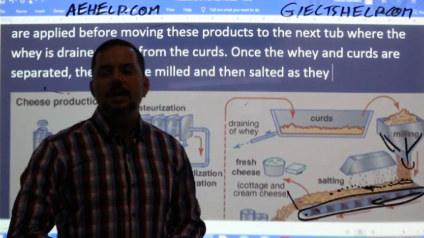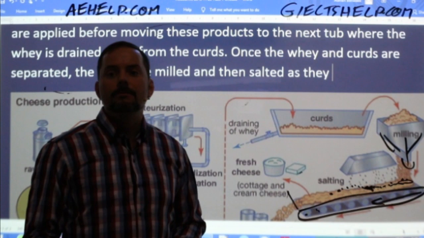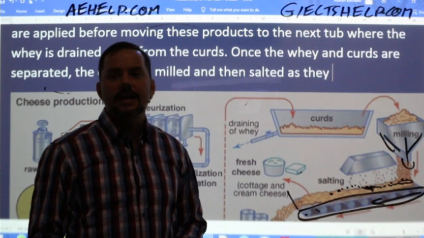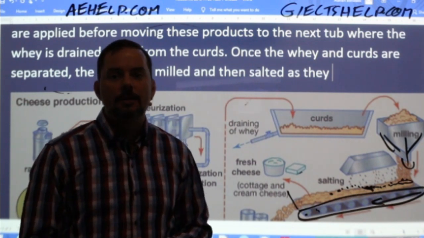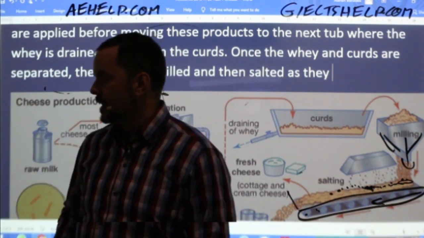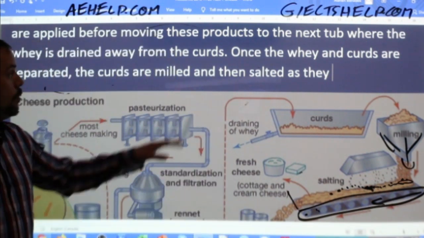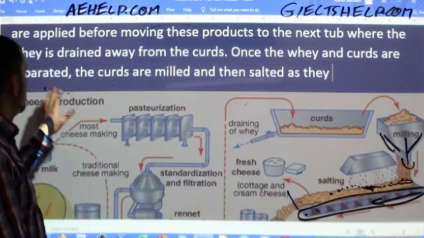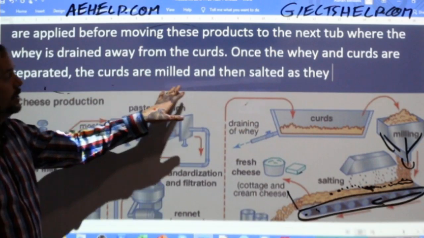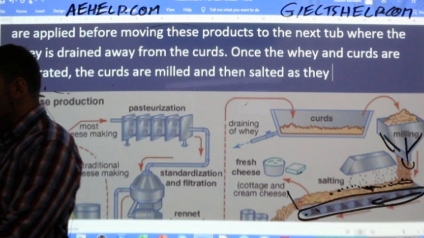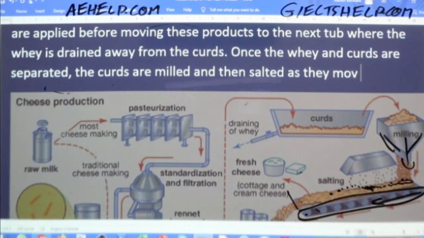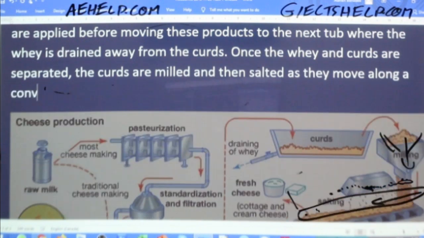They're not sliding over. They're moving along. Okay, very good. Yeah, so don't overcomplicate. Sugandhika says they're moving. Absolutely. So once the whey and curds are separated, the curds are milled and then salted as they move along a conveyor belt.